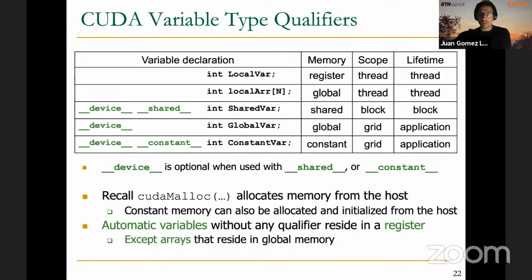Because we have several gigabytes there, so there is space for whatever size of arrays the threads need. But as I said, if the array is not so big, the compiler will try to allocate it in registers, because that's much more efficient, with much faster access. Okay, thanks. You're welcome.